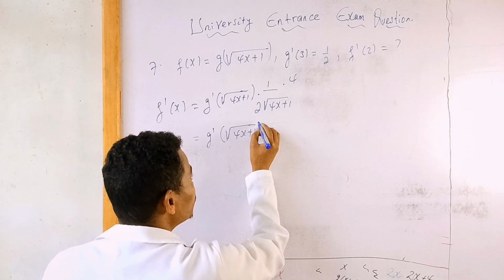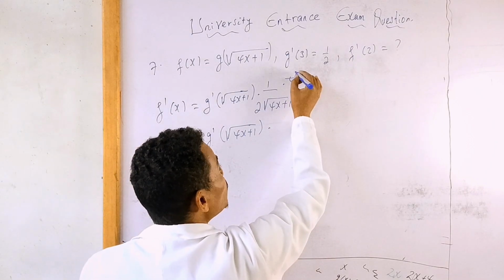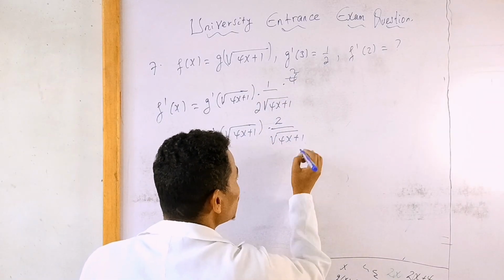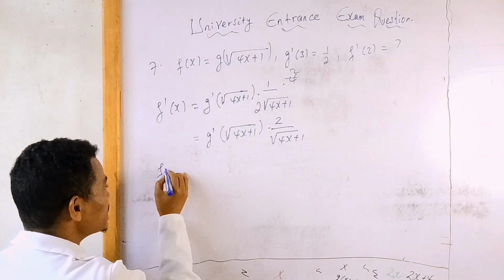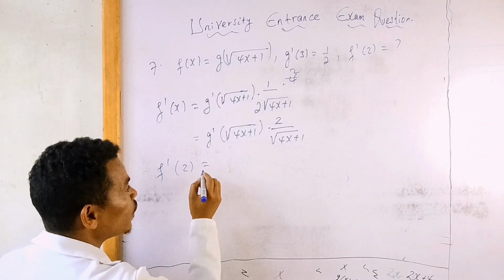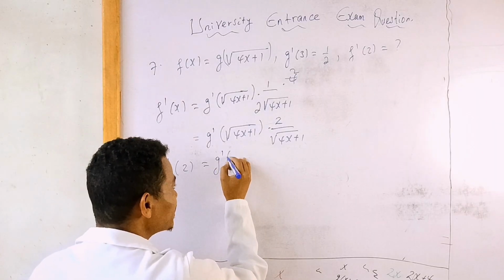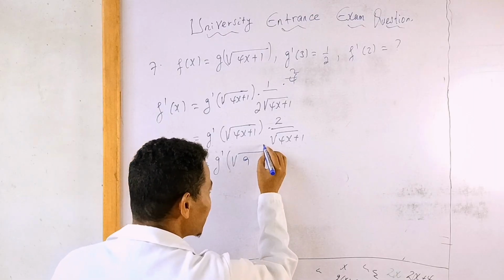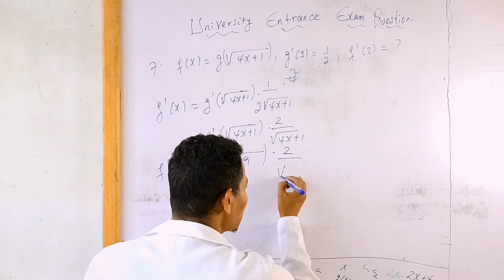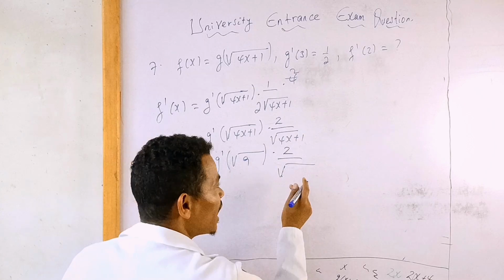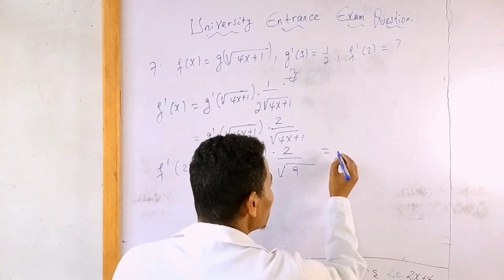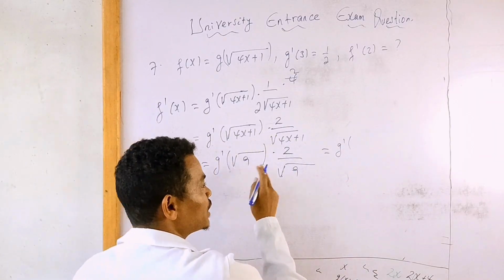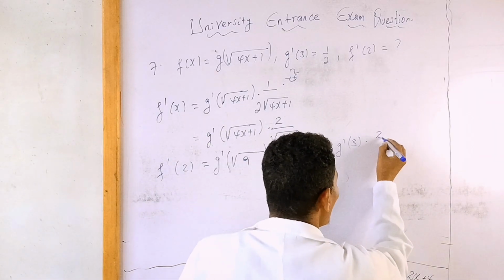This is the same with g derivative of radical 4x plus 1 times 4 over 2, which is 2 over radical 4x plus 1. Now f derivative of 2 is equal to g derivative of radical of 4 times 2, 8, plus 1, 9, times 2 over radical 9, which is g derivative of 3 times 2 over 3.